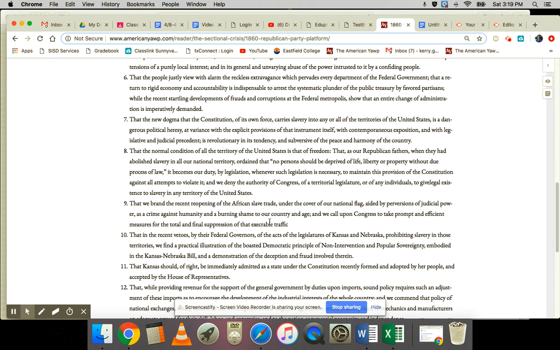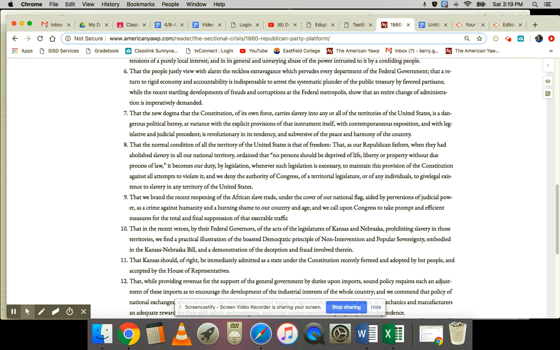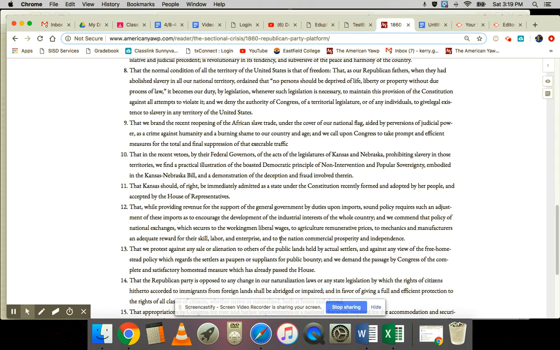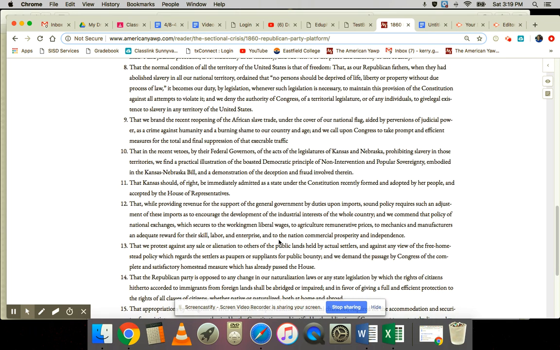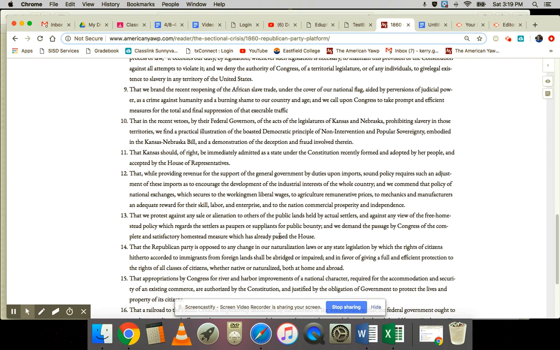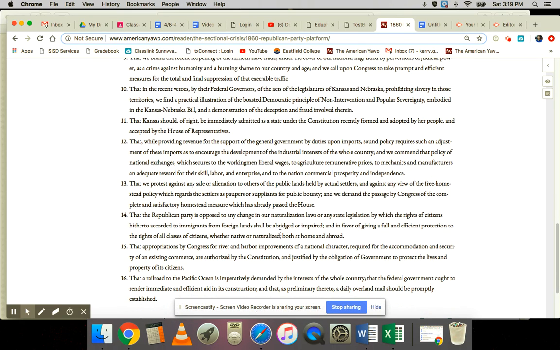And they reject the African slave trade. And they talk about the Kansas-Nebraska situation a couple of different times. And they talk about tariffs. They talk about free soil, about settlers being able to move out west, that sort of thing.